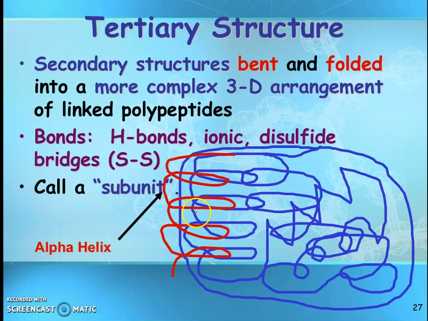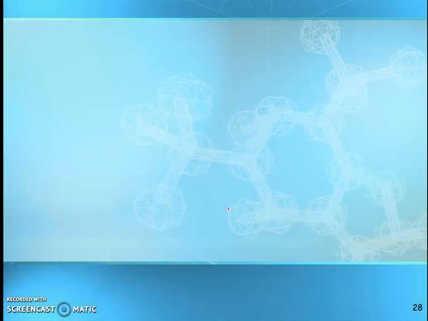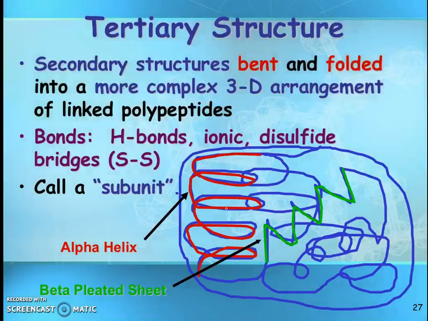You can see here there's one subunit with the alpha helix structure, and there are zigzag beta pleated sheets. So they're all together, they make a tertiary structure. You can see there are 2 secondary structures highlighted here. When you fold or bend the secondary structure, they make a tertiary structure.